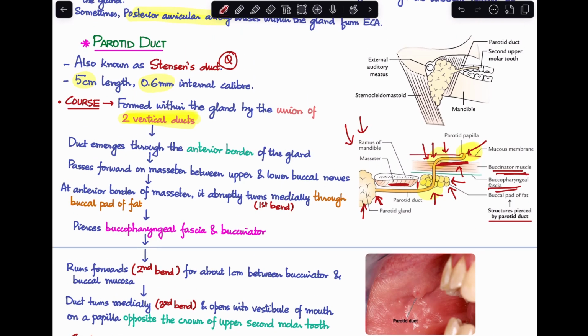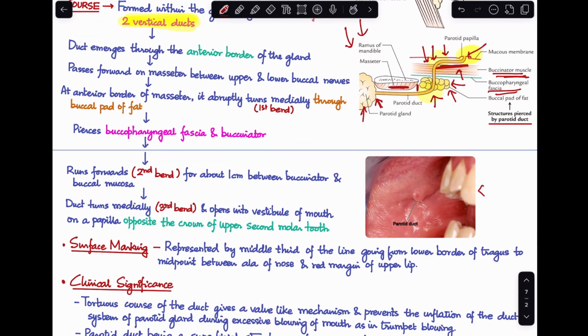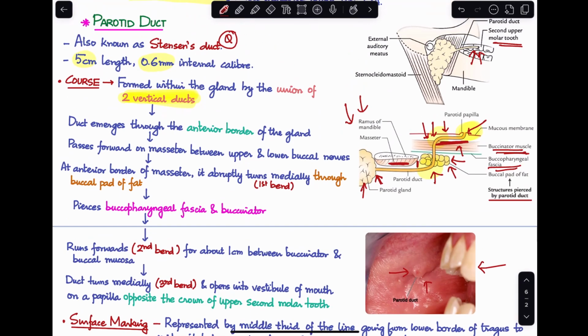In the first image over here, you can see this is our second upper molar tooth. It opens into the vestibule of the mouth just opposite to the crown of the upper second molar tooth. And in this image over here, you can see this is the parotid duct opening. So this is the course of the parotid duct.